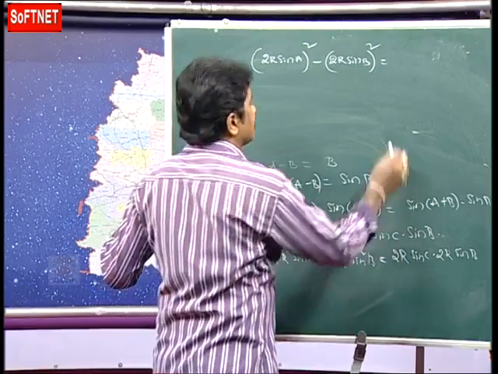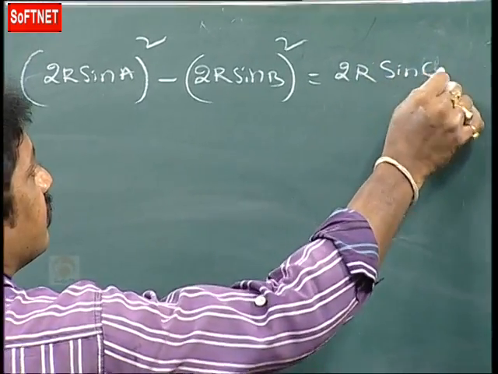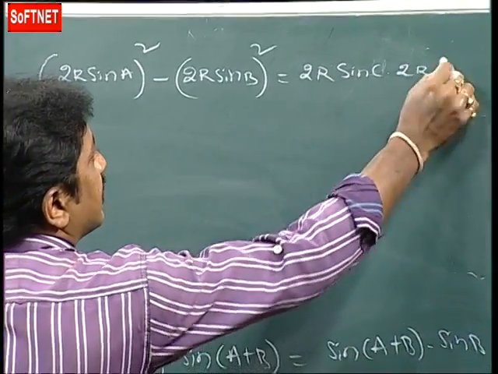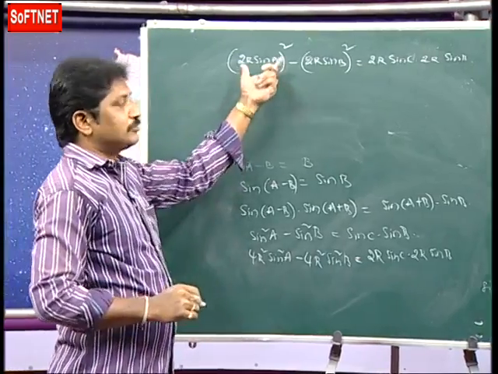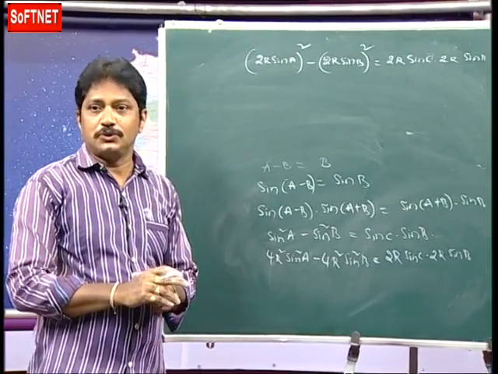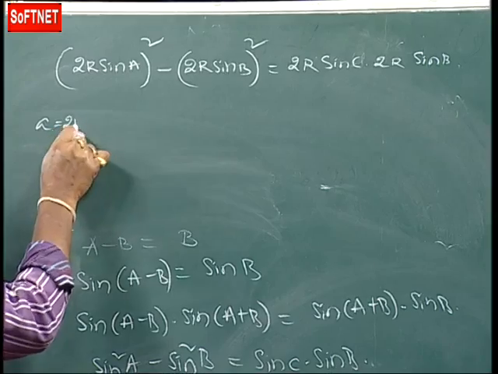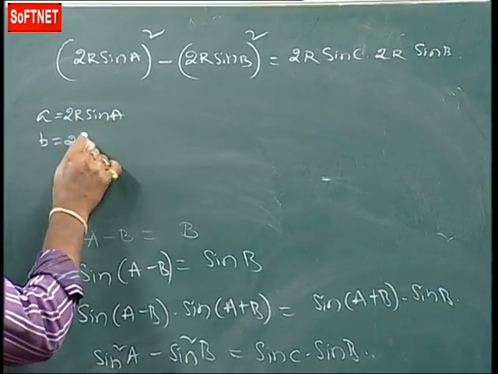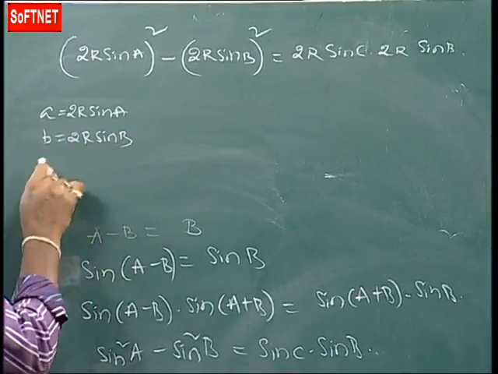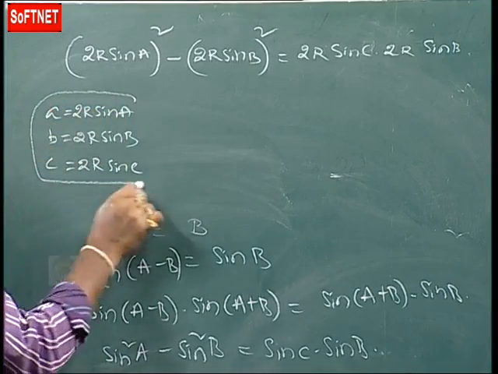Then you will come to 2r sine C into 2r sine B, 2r sine A. Okay, now I am going to use it. You know that sine law is A equal to 2r sine A, B equal to 2r sine B, and C equal to 2r sine C. Now I am going to use this concept.